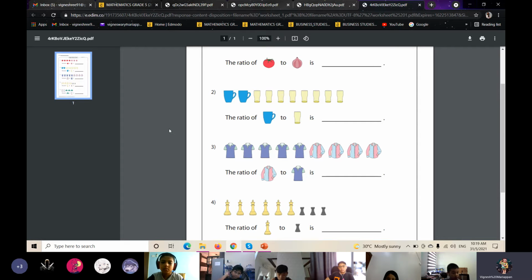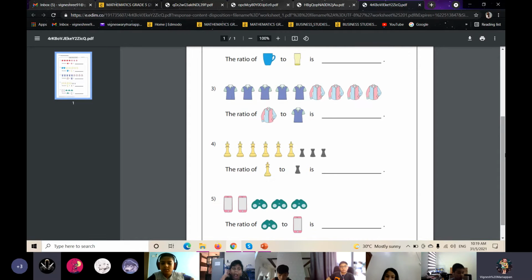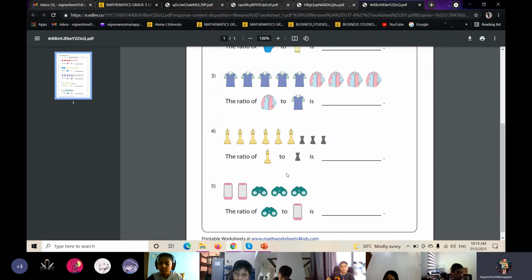Very good. What is the ratio of yellow to black? Who can tell the teacher? 6 to 3. Again, Luiso, cannot hear you. 6 to 3. Very good. Okay, number 5. What is the ratio of green to pink? 3 to 2.